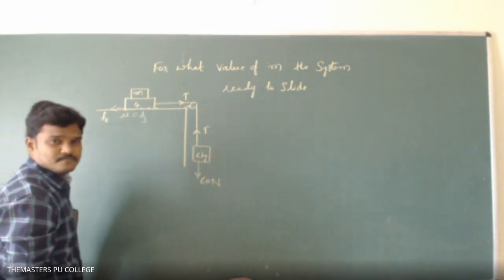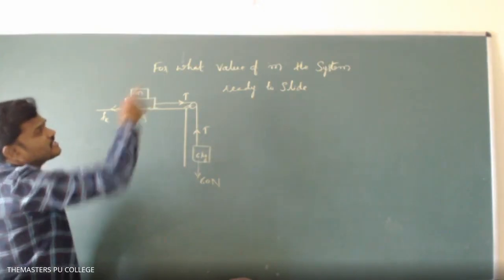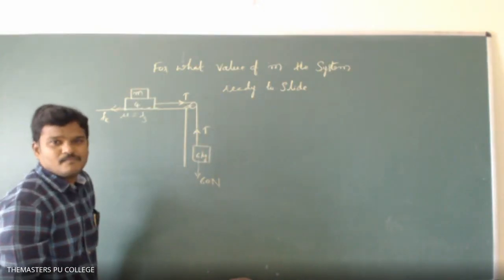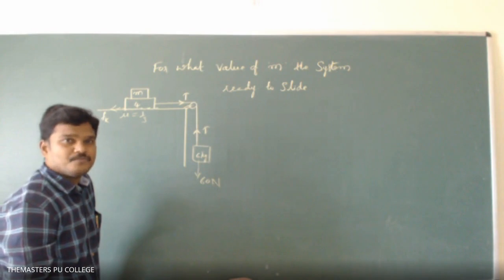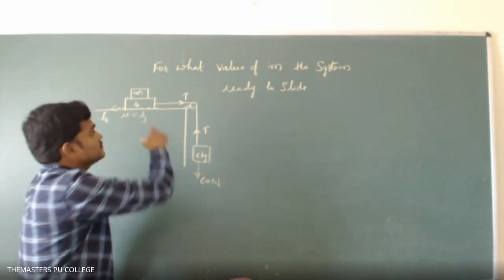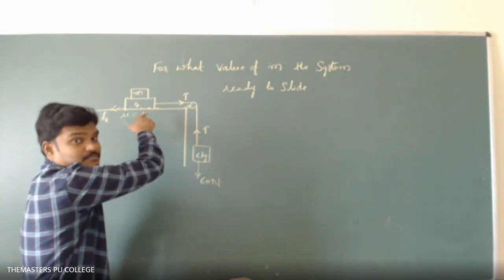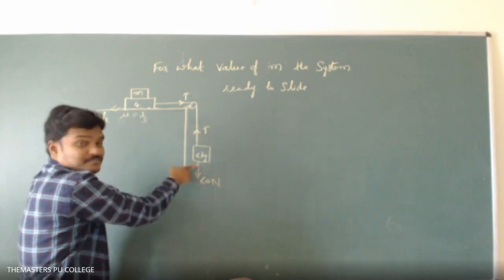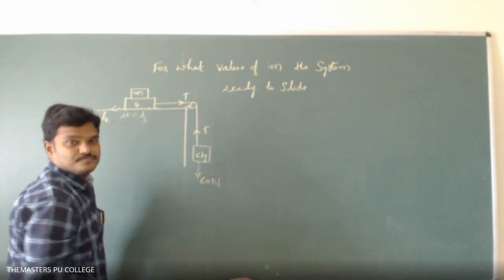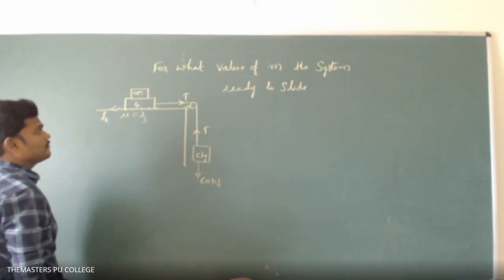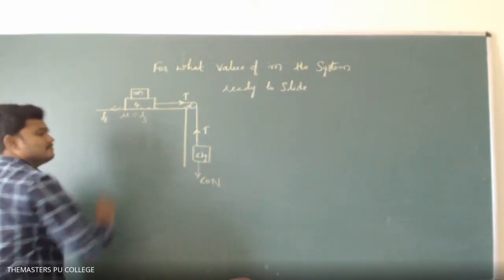But what is the condition they gave? For what value of m is the system ready to move? So it is FL, not FK, the maximum value of friction.